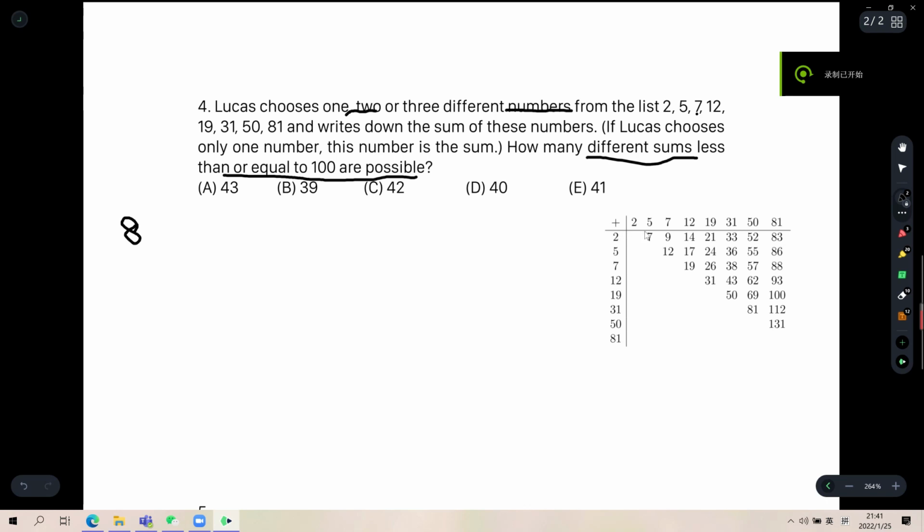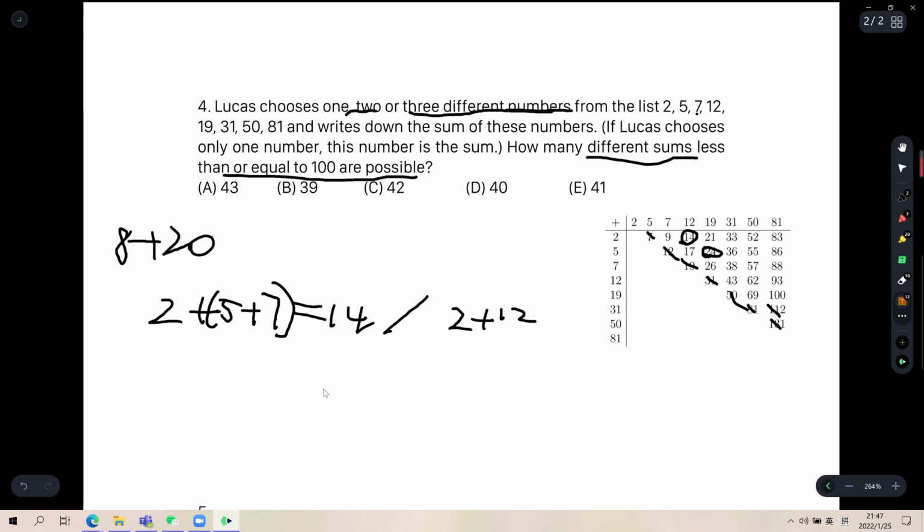After we got this table, we can easily find that except these numbers like 7, 12, 19, 30, 50, 81, and that 2 are greater than 100, all the remaining 20 numbers total are additional numbers, so we can plus 20.